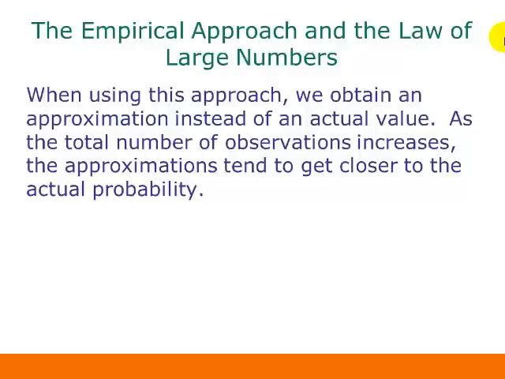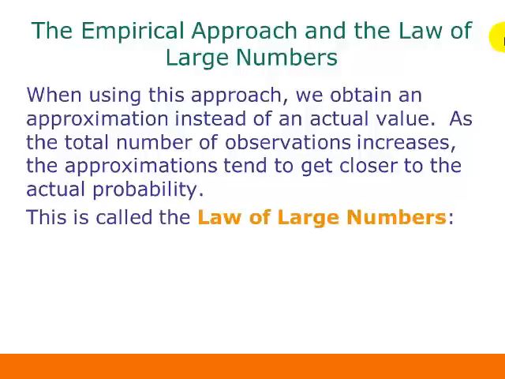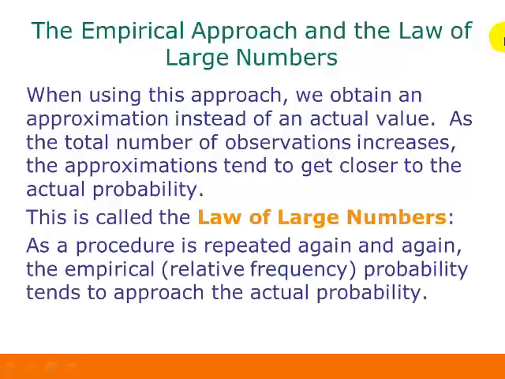In other words, if we could calculate the classical probability, then the empirical probability would get closer to it as we ran more and more repeats of our procedure. And this is called the law of large numbers. So as a procedure is repeated again and again, the empirical or the relative frequency probability tends to approach the actual or the classical probability.